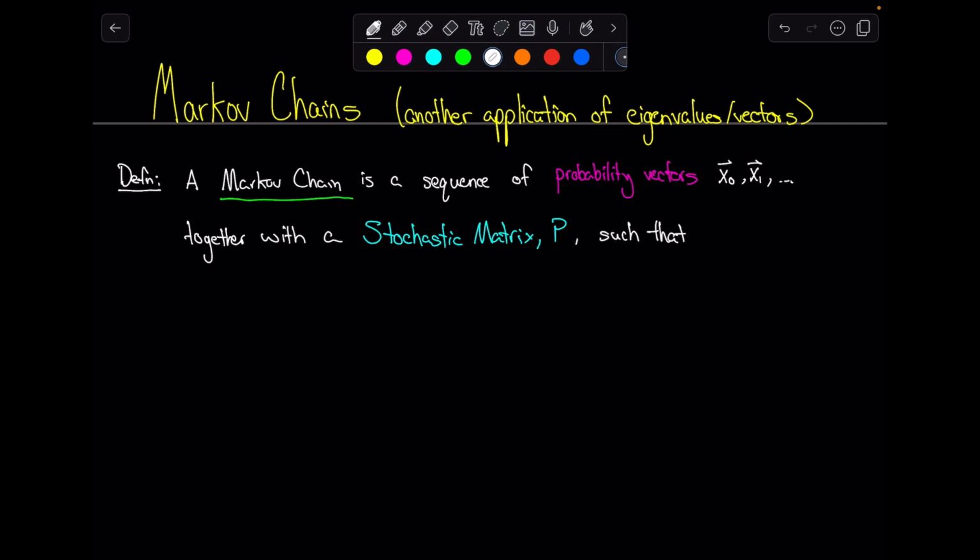so the way it works is you take x naught and you apply this matrix to it, and out pops a new, what we call, probability vector.